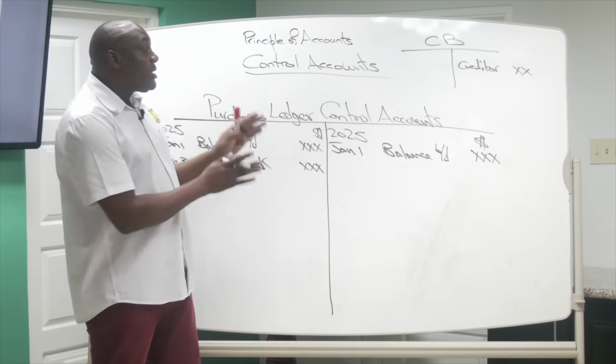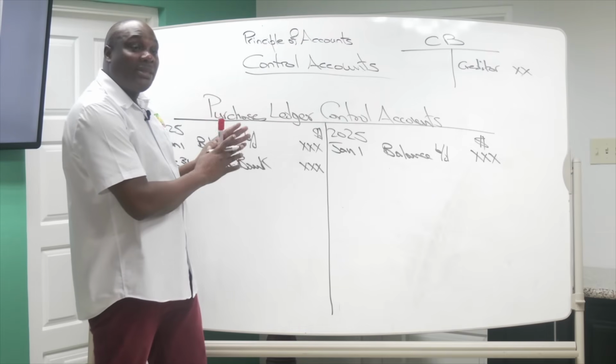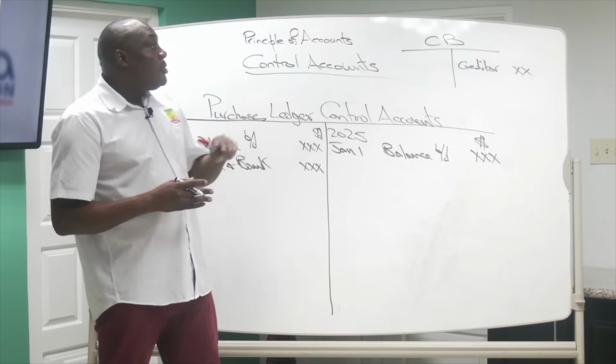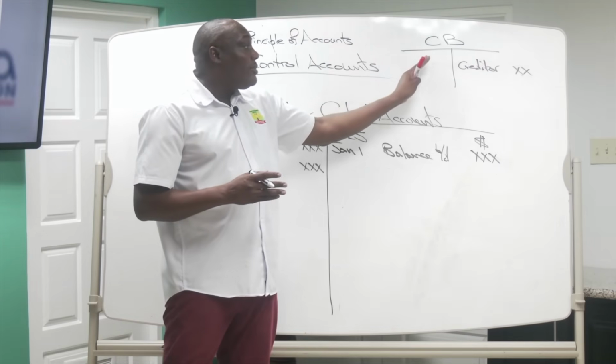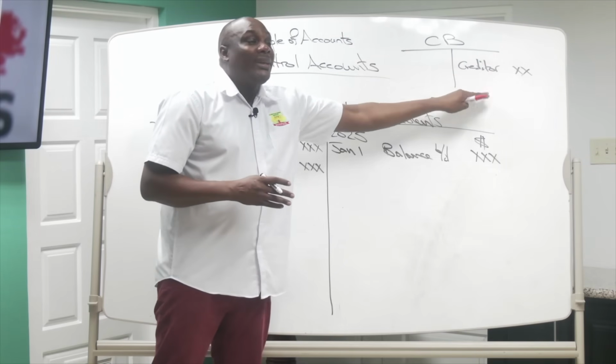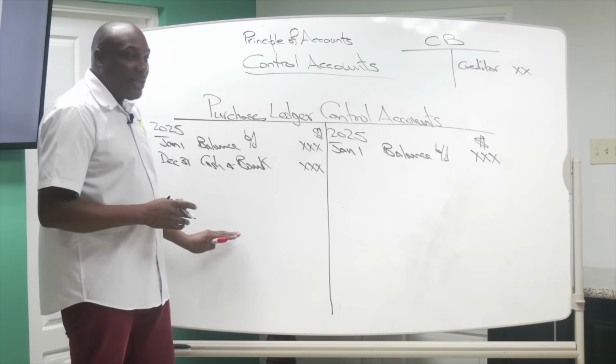Now, although this is single entry, to understand the single entry, we must understand the double entry ruling. When we record the payment that we made to the creditor in the cash book on the credit side, the corresponding entry must be a debit.